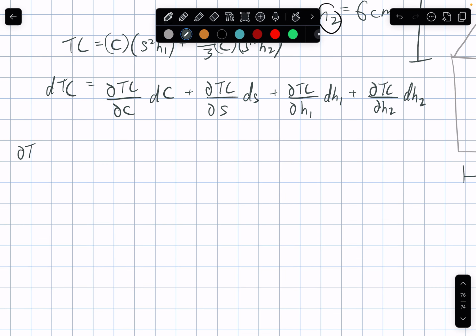So partial Tc over partial C, we are going to consider the other 3 variables as constants, S, H1, and H2. Okay?